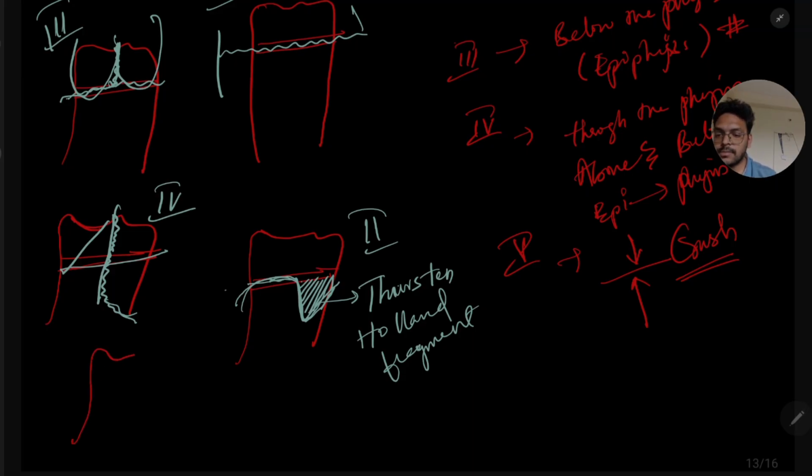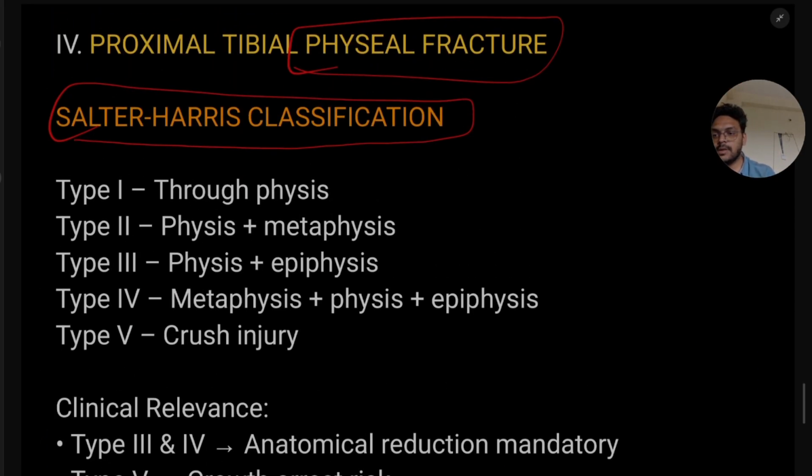Type 5, it is superior and inferior compression. So the physis is getting compressed because of the sudden superior and inferior compression. What happens in each type we will see. So type 1 is through the physis, type 2 is physis and metaphysis, type 3 is physis and epiphysis, type 4 is metaphysis and epiphysis, type 5 is crush injury.